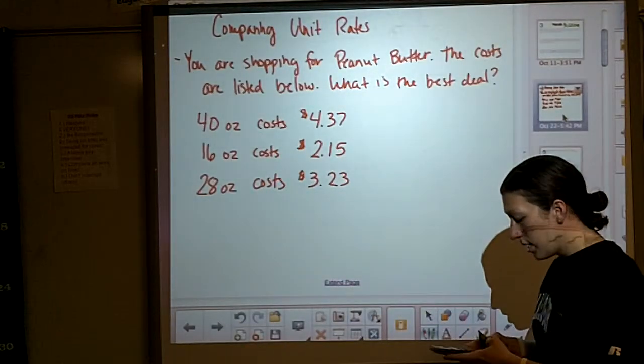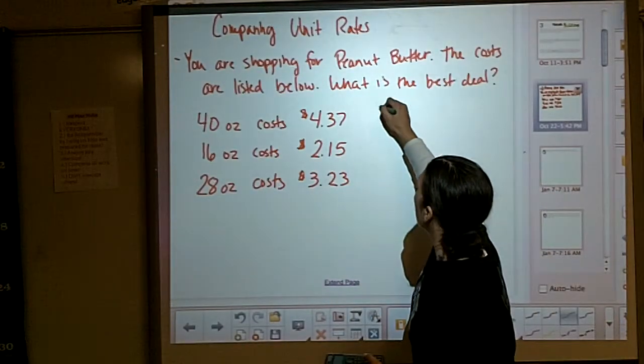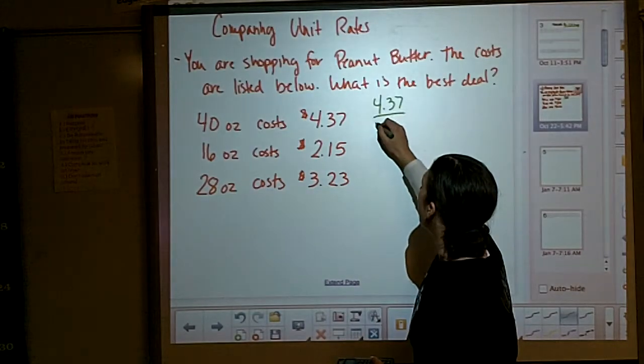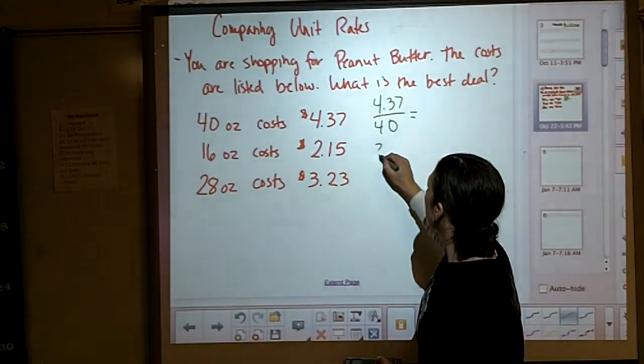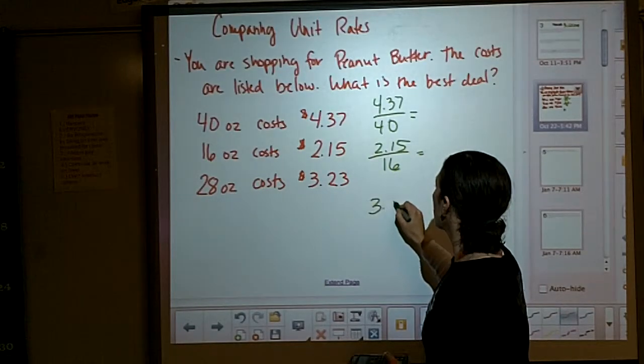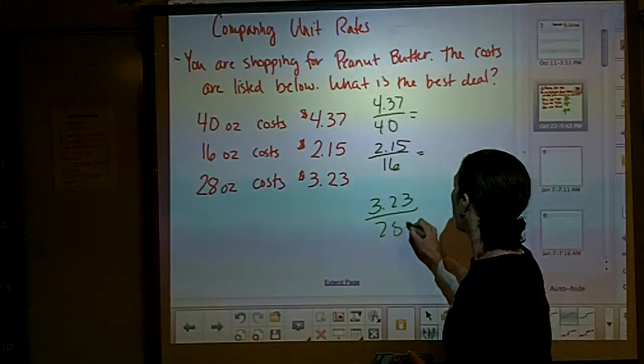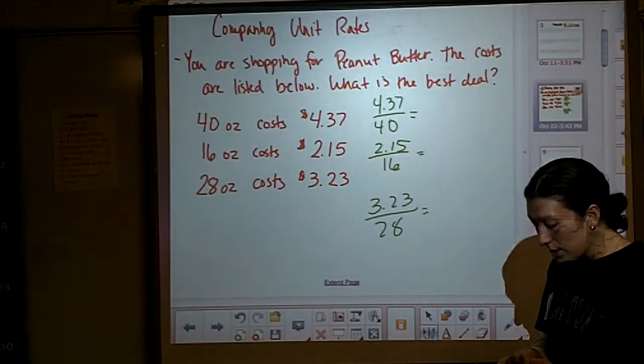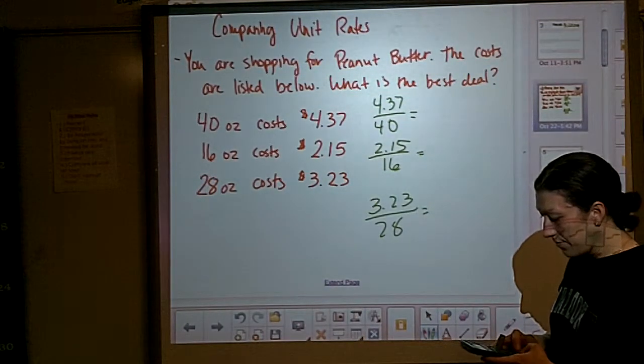But it's best to take the dollars, so my 4.37, and divide by my 40. I take my 2.15 and divide by my 16. And I take my 3.23 and divide by my 28. This is a lesson where you'll get to use a calculator.